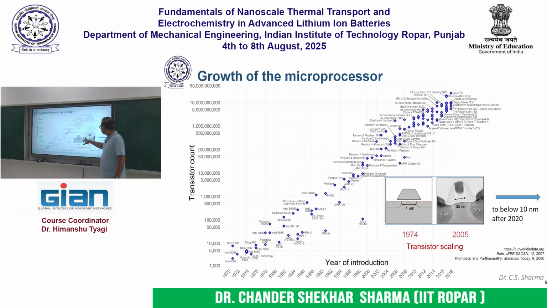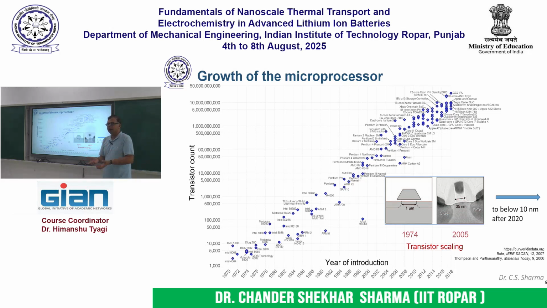So here what you see is a schematic of a transistor, okay, and this is the gate configuration. So here the gate is around 1 micron in 1974. By 2005 it reduced to 35 nanometers, and after 2020 we are seeing length scales of the order of 10 nanometers, okay.